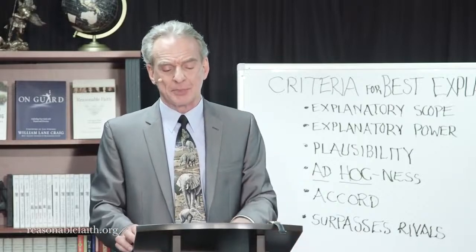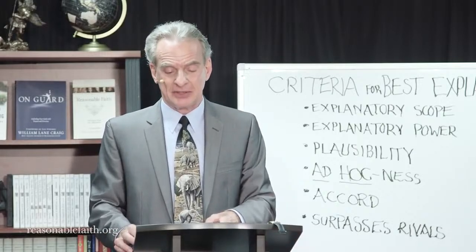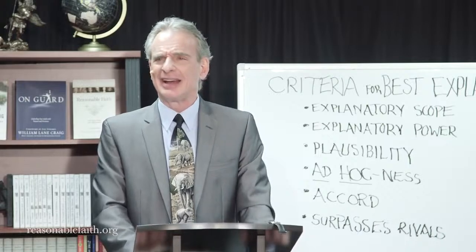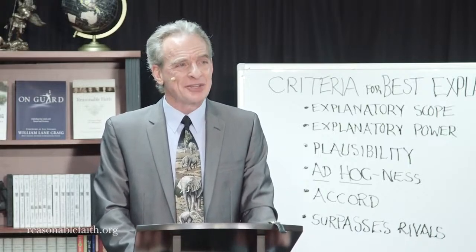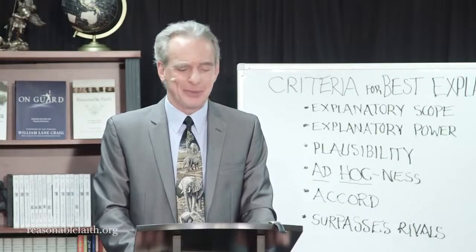What about the plausibility of the apparent death theory? Well, here again, I think the theory just fails miserably. Roman executioners could be relied upon to see that their victims were dead. Now, the victim of crucifixion actually dies of asphyxiation as he's unable to breathe.